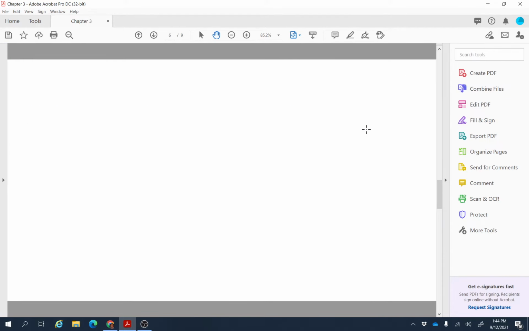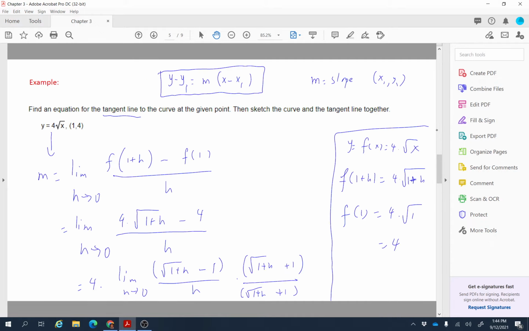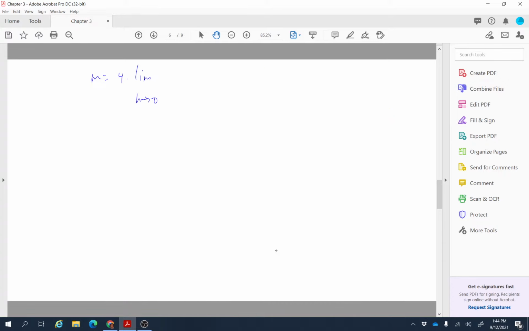Let's go here. Slope m equals 4 times the limit as h approaches 0. If you multiply this one and this one on the top and distribute them, it will give you the square root of 1 plus h squared minus 1 squared, over h times the square root of 1 plus h plus 1.